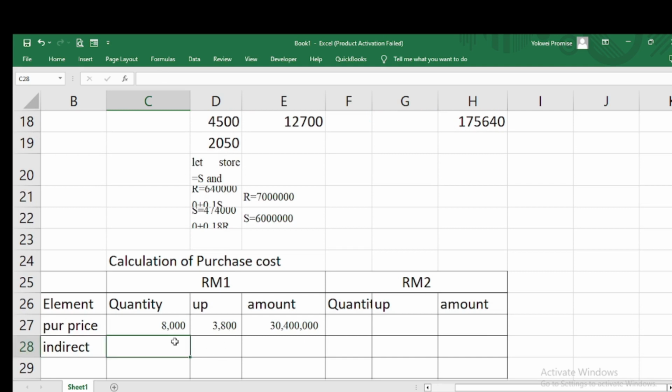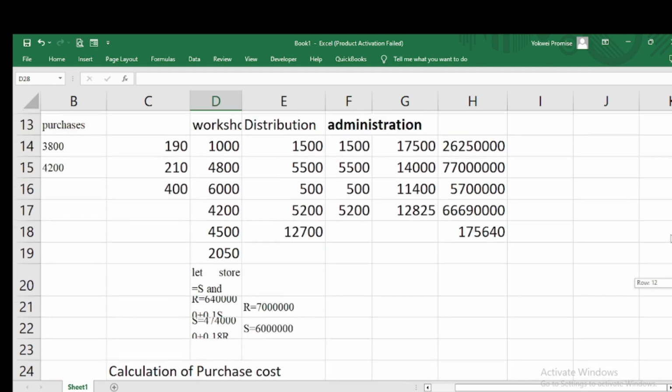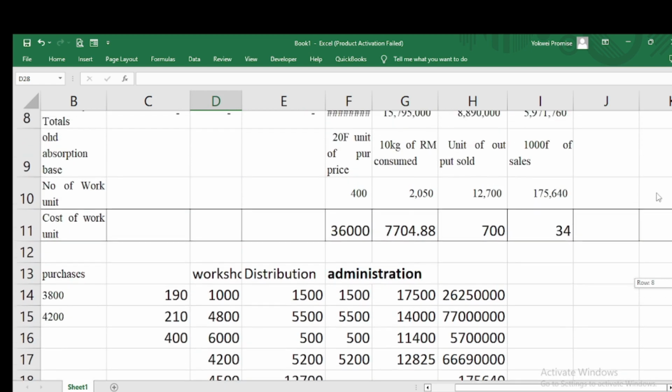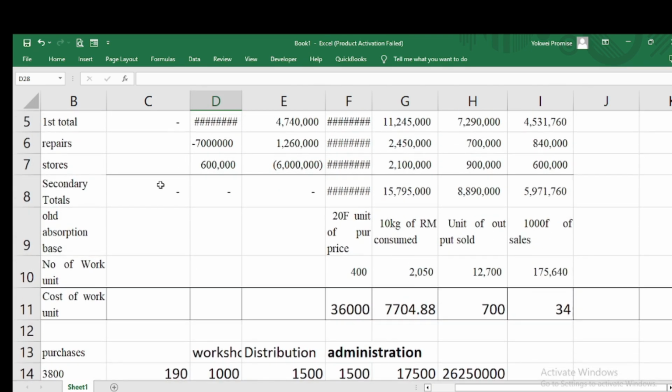This is our indirect, so we have 190 at the unit price. What will be the unit price in this case? The unit price will be what we have as our cost of work unit, so the unit price is going to be 36,000, right? Everything is coming out from this apportionment table.